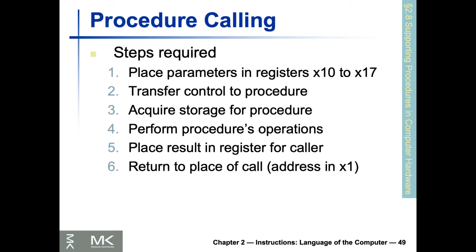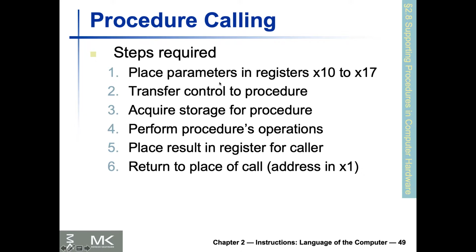So let's see how we're going to define a procedure in RISC-V using our ISA that you already know. So there are some simple steps for that. The first step is we want to make sure when we start a procedure, we won't lose the returning address, right? So when a procedure starts, we want to make sure that we place all the parameters in dedicated registers, which are in RISC-V from x10 up to x17, right?